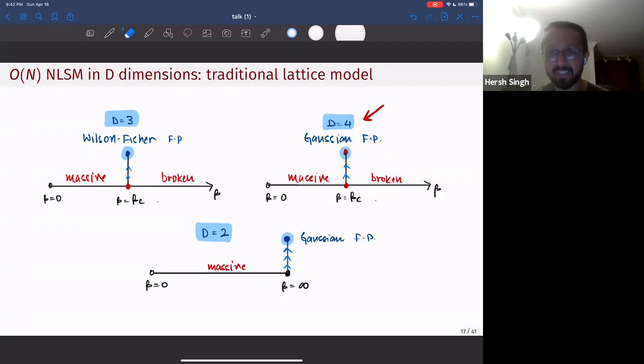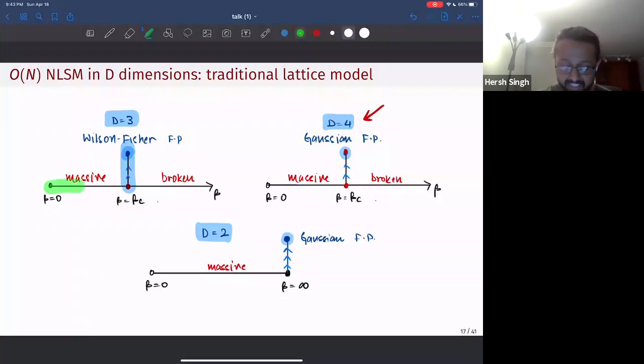What's happening is that there are multiple lines, right? In these figures, this line is on the critical surface, and this axis is going outside the critical surface. This is a relevant parameter.